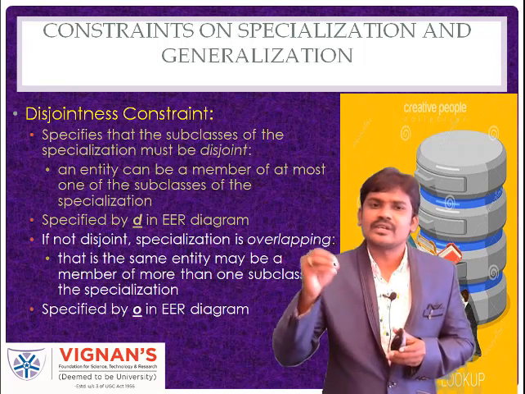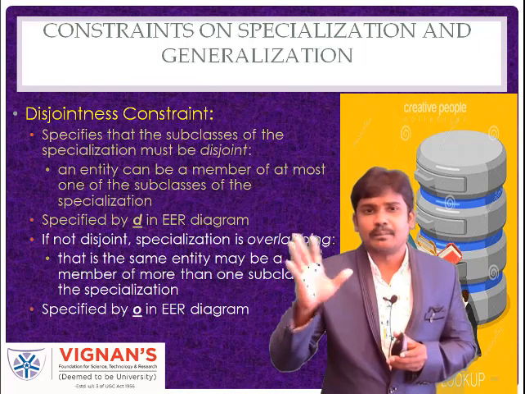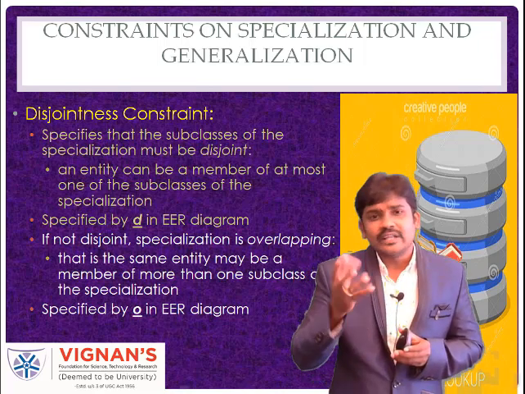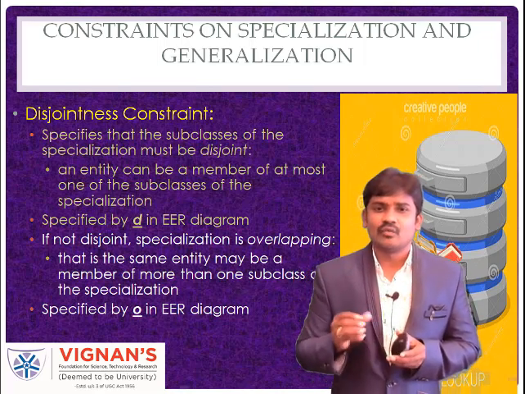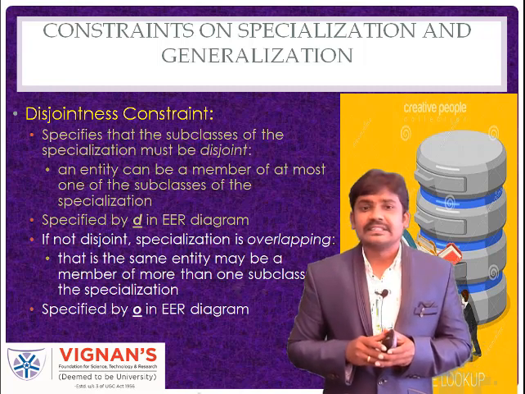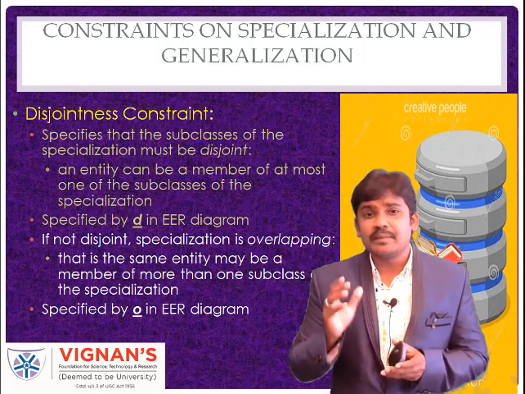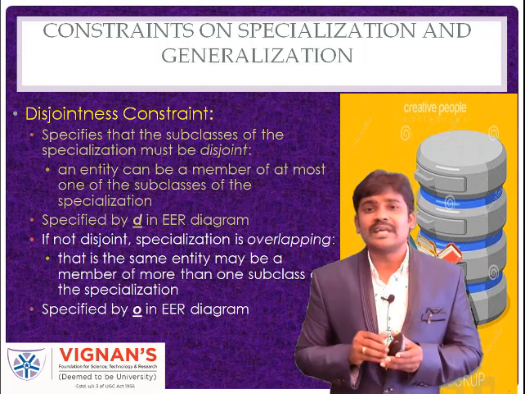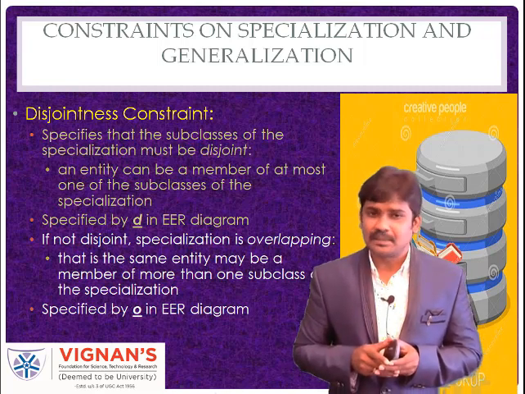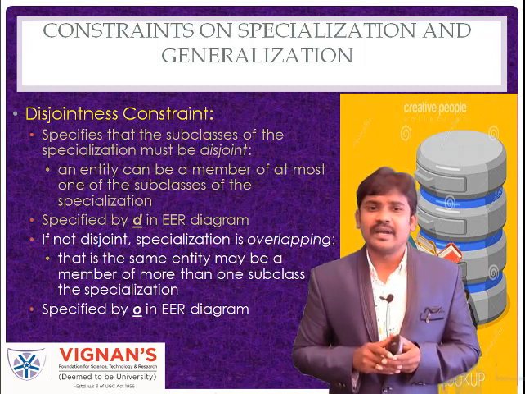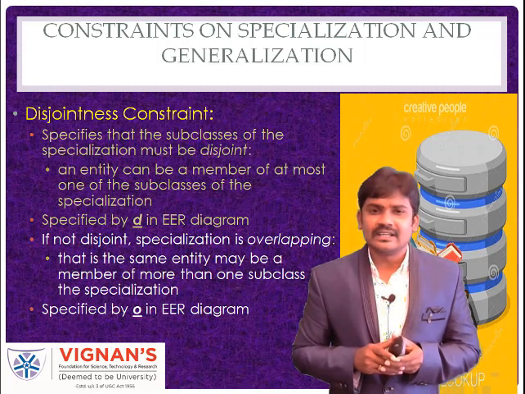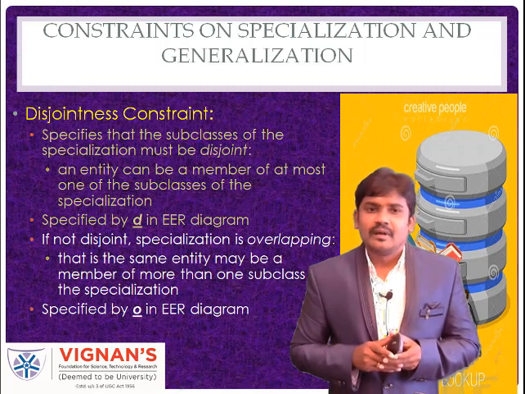So in that case, we can call it disjoint partial. So if not disjoint, the specialization is overlapping. Means that the same entity may be a member of more than one subclass of the specialization, specified by O in the EER diagram.